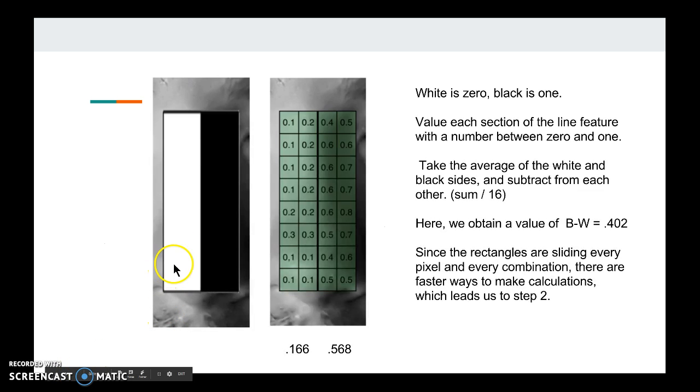So for example here we have a human nose, and this is an edge feature in a rectangular shape, and it's running across every single set of pixels it can, and it approaches the nose right here. And as you can see, there's shadowing on one side due to the normal shadowing of the picture, and the light side on the left side of the nose.